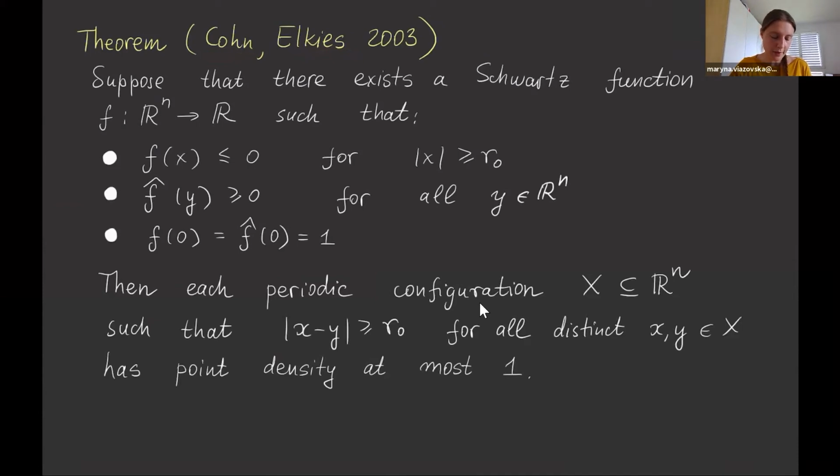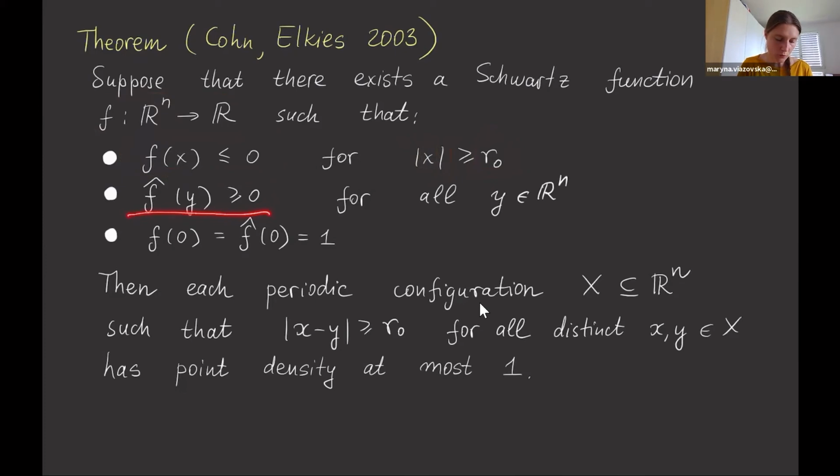Suppose that we are able to construct a function f such that f satisfies the following rather similar but still a bit different conditions: f(x) is smaller or equal than 0 for all values of x where the norm of x is bigger or equal than R0.